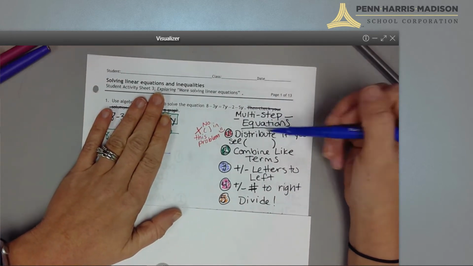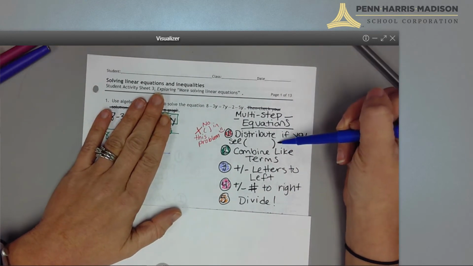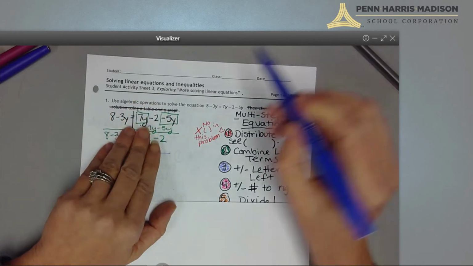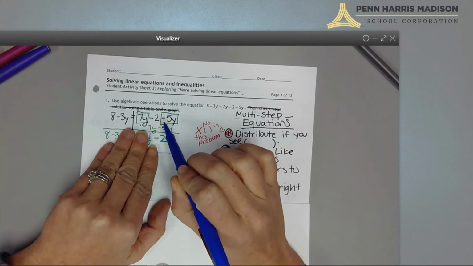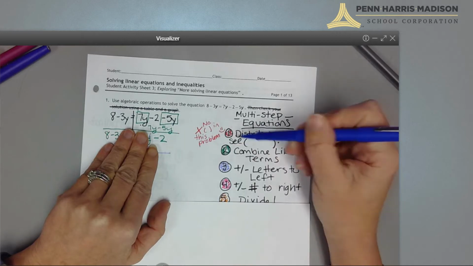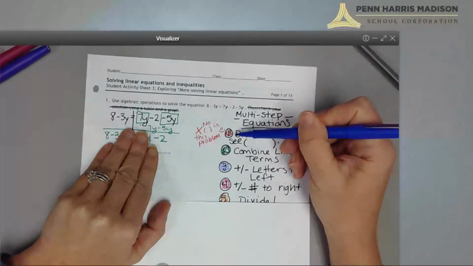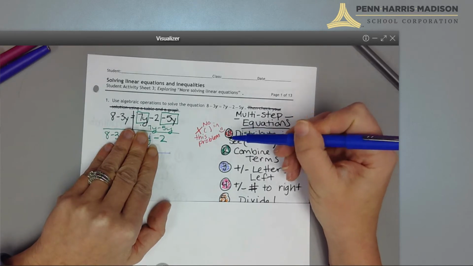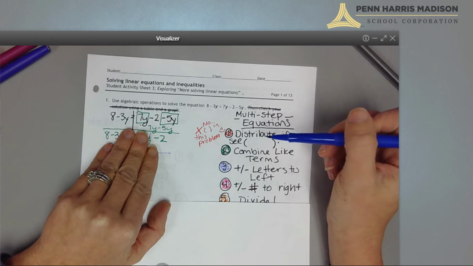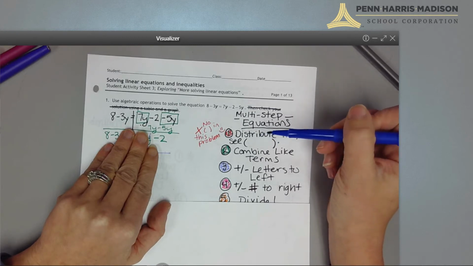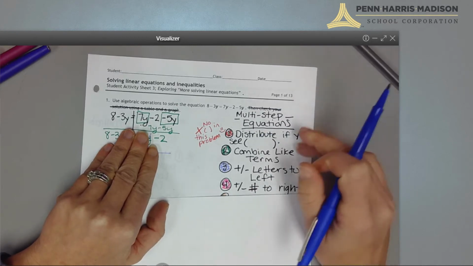Step 1 is to distribute if we see parentheses. When I look at this problem, there's no parentheses. Just because a step is there doesn't mean we have to do it. Because in this particular problem there's no parentheses, we can skip it. It's like we checked it off.